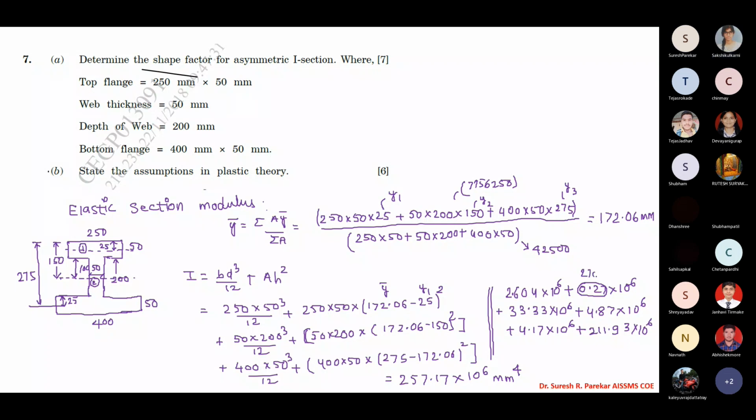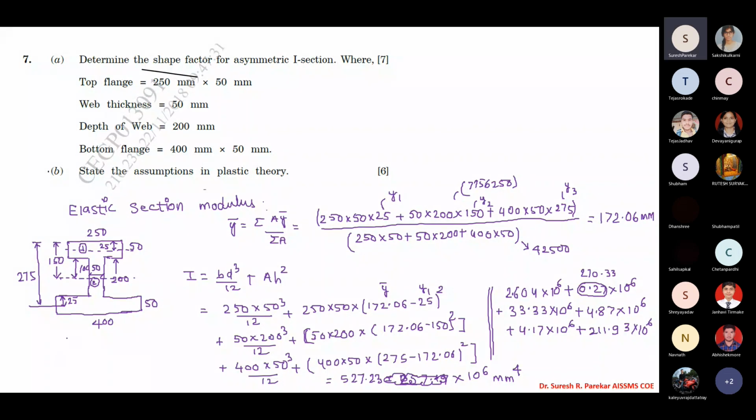Second term, no. Correct. Okay, does 270.33 come? Yes. Not 0.27, I think it comes 270. 2.7 into 10 raised to 8 comes. Yes, that means 270.33. We are all in 10 raised to 6 form, so it becomes easy to add the terms. Yes, sir. 527.23, is it correct? Yes, sir. So 527.23.